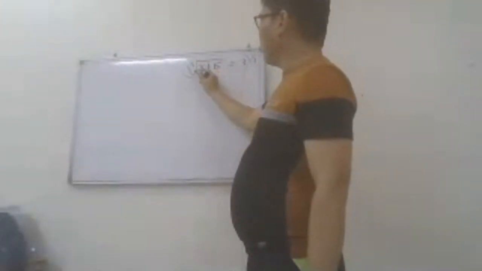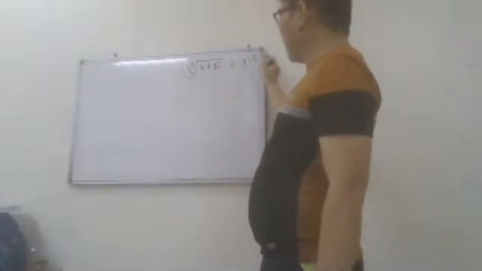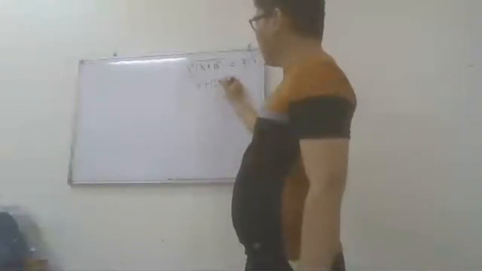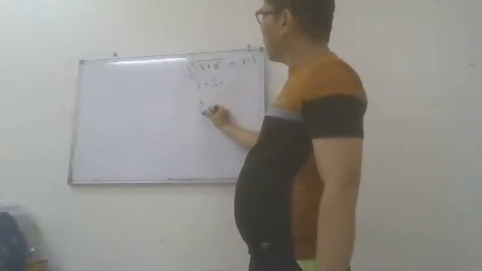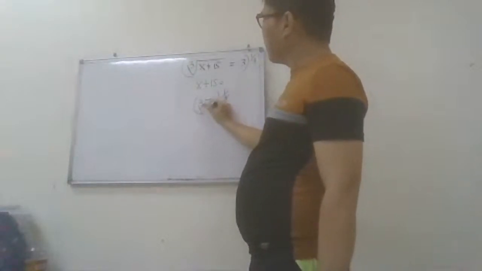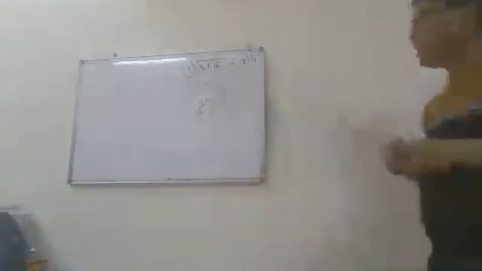The cube root of x plus 15 raised to the power 1 over 3 cancels, and it becomes x plus 15. It's just like the cube root and then raising to the power 1/3, they cancel. 1 means nothing in math.